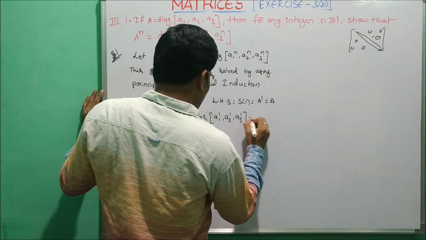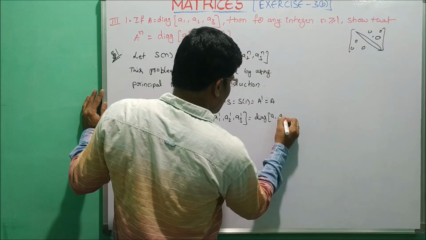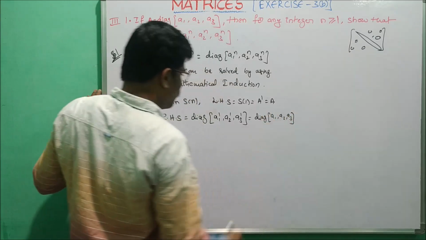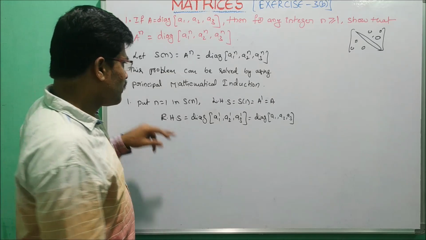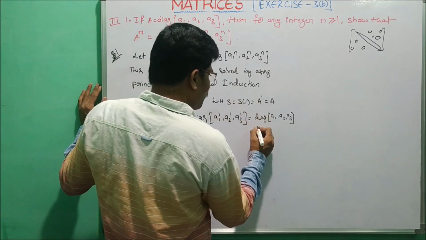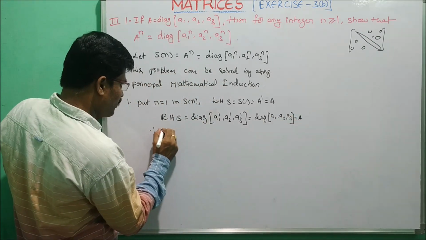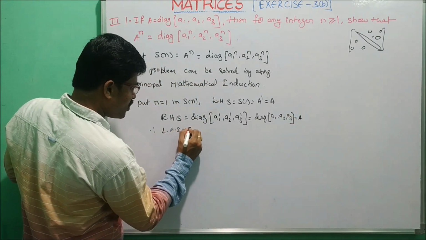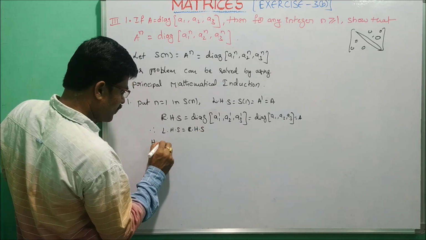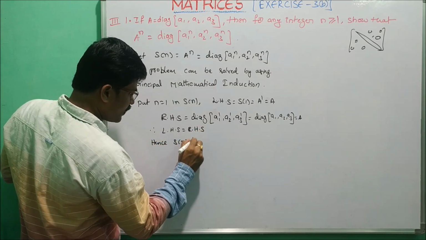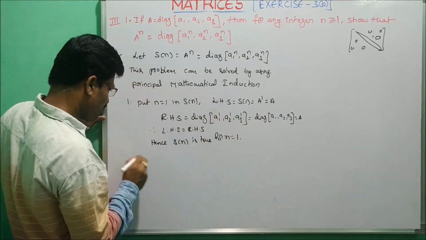That means clearly we write diagonal of a1, a2, a3. So this is the RHS. Clearly we observe that this is A. Therefore LHS equals RHS. Hence S of n is true for n equals 1.